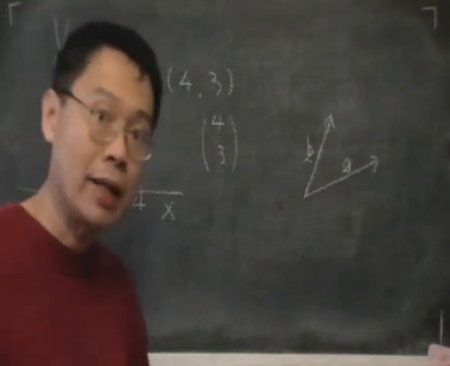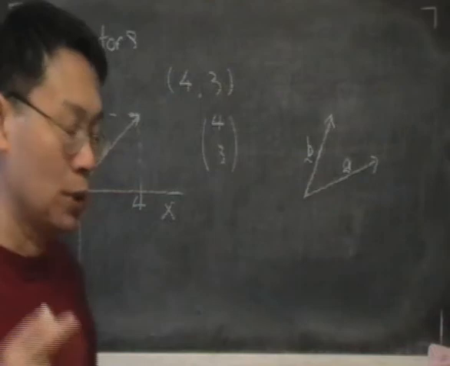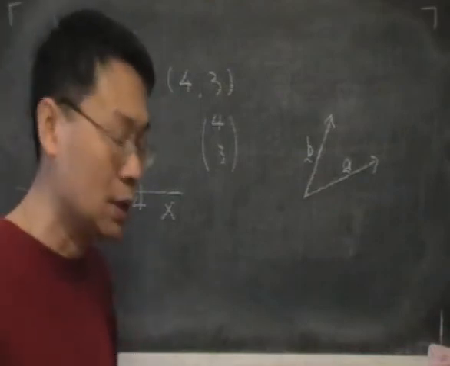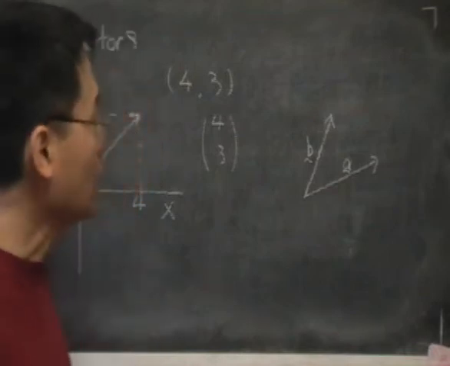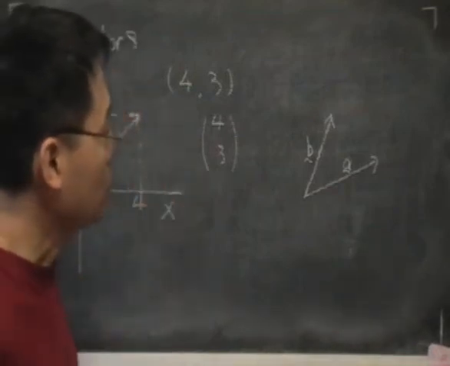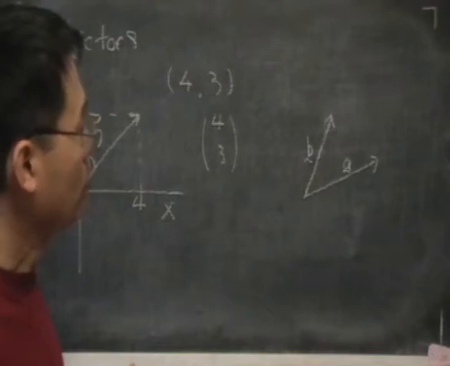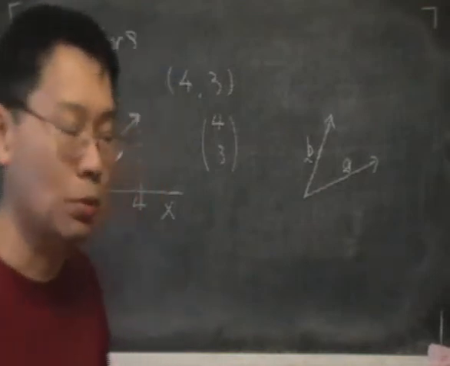One is called the triangle law of addition. One is called the parallelogram law. So I've talked about both of these in the earlier session on vectors. Well, I'll just talk about both.